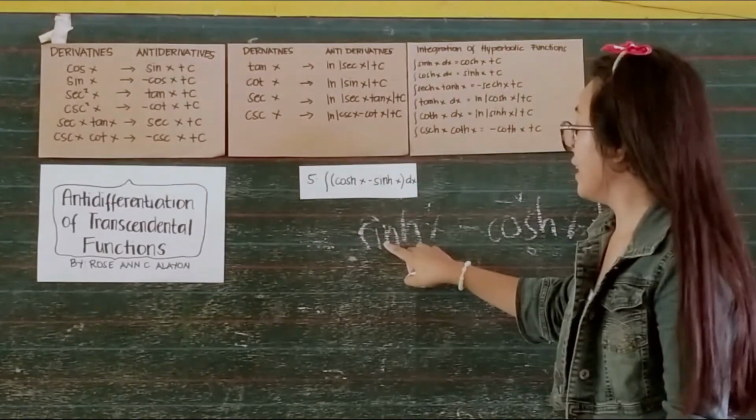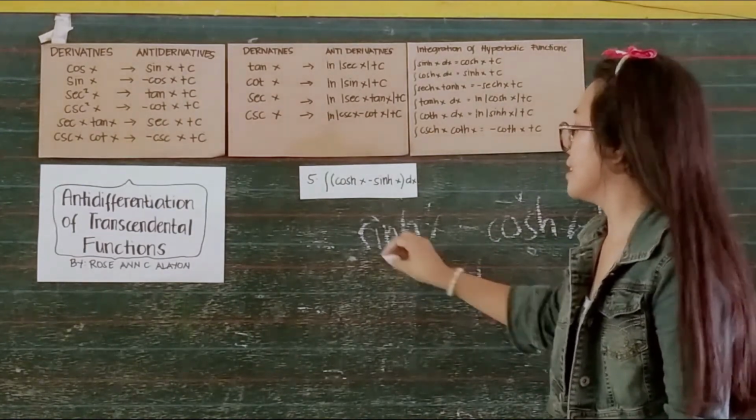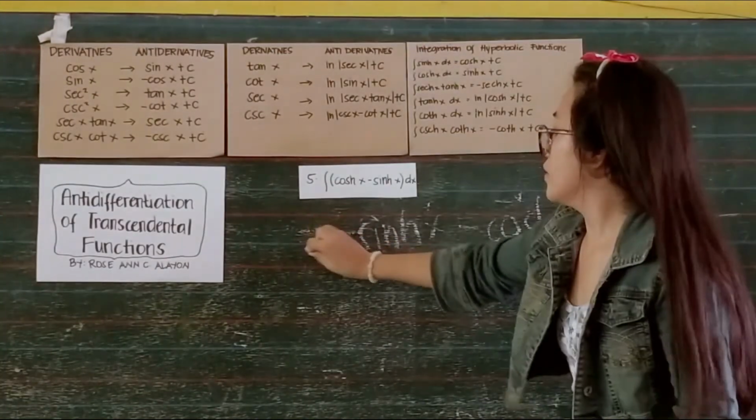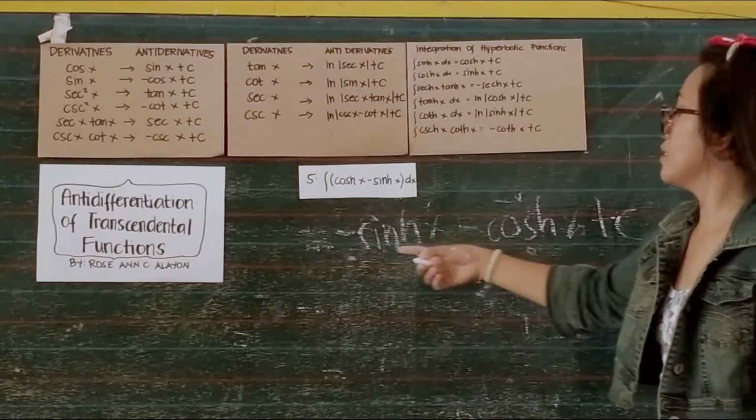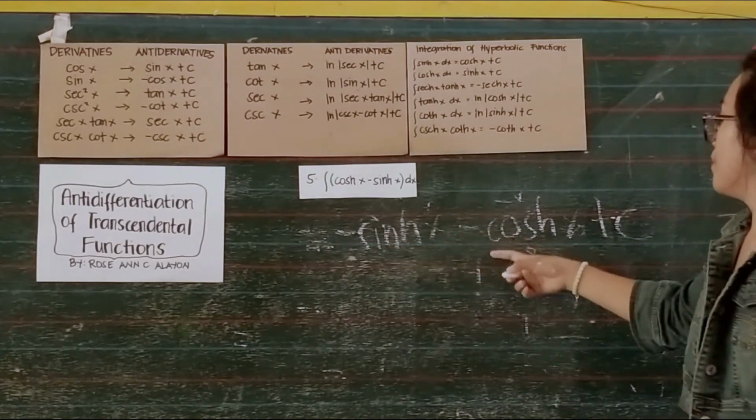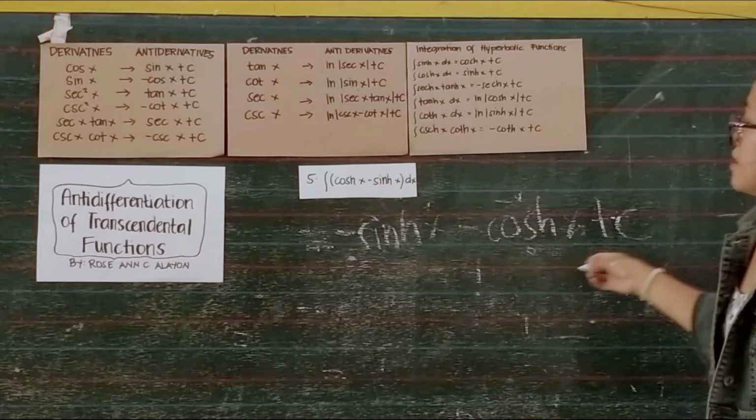The sign here is negative. So it equals hyperbolic sin x minus hyperbolic cos x plus c.